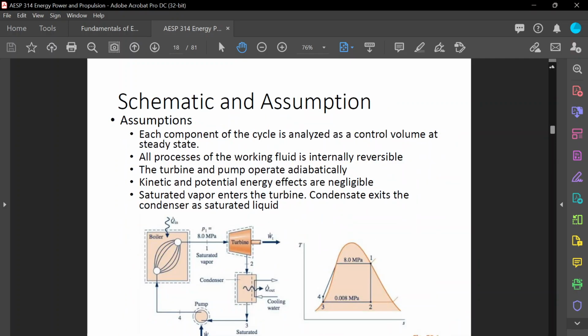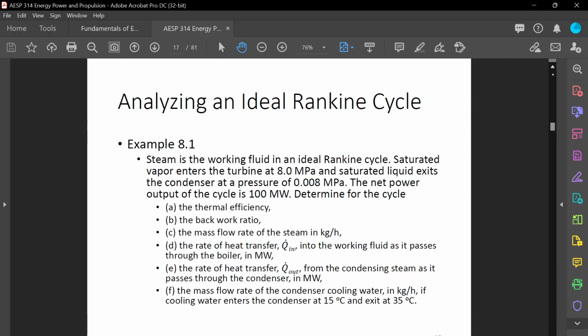I'm just going to go to the original question. So you have whatever you need. Everything is the same. The only difference is that you are going to have a turbine efficiency and a pump efficiency. So we are including the irreversibilities of the turbine and pump.